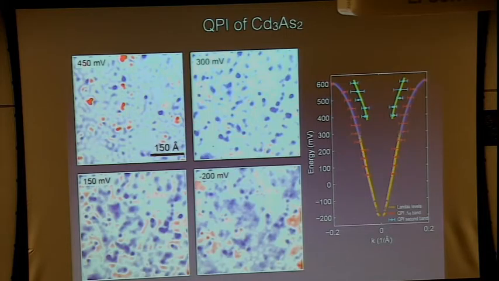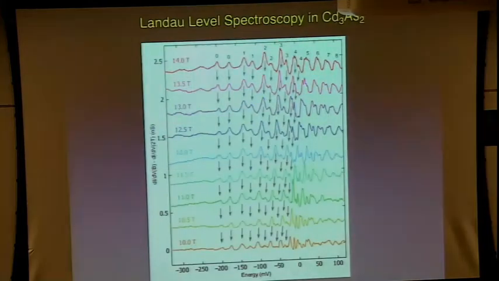It's not that clear. But one of the other techniques we can use is to apply a very large magnetic field and quantize the bulk orbits, and look at the Landau orbits in the density of states and their dispersion as a function of magnetic field as a tool for the band structure of the bulk states.